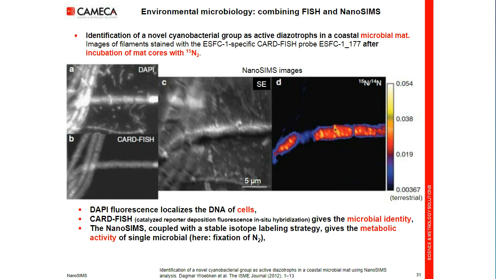And so you have both information: the identity of the microbes and, in this case, bacteria, and its metabolic activity on a given substrate, so here fixing the nitrogen gas. And one thing that is quite important to mention is that this single cell analysis does not require any cell culture. So even single cells or rare or slowly replicating organisms are accessible through this strategy.